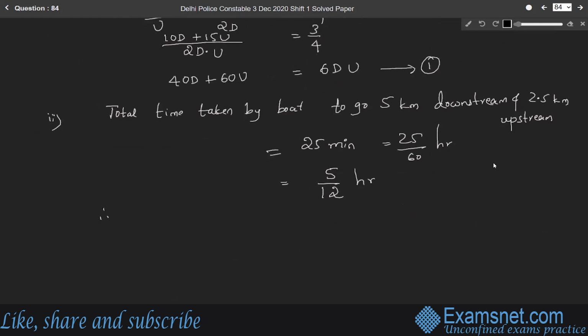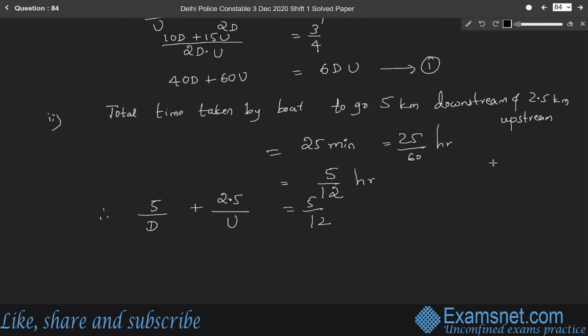Therefore, 5 kilometers by the downstream speed plus 2.5 kilometers by the upstream speed is equal to 5 by 12.